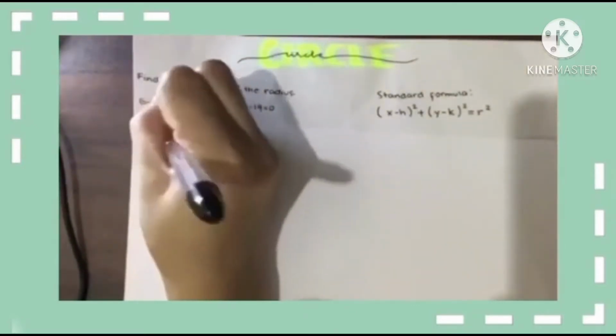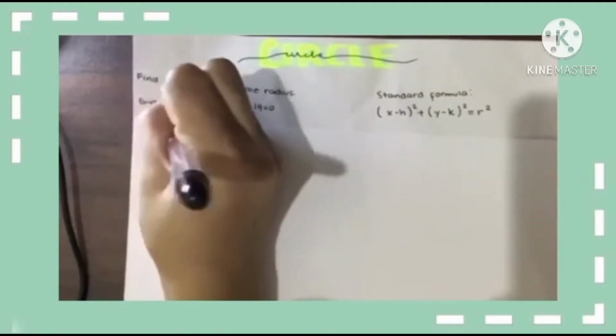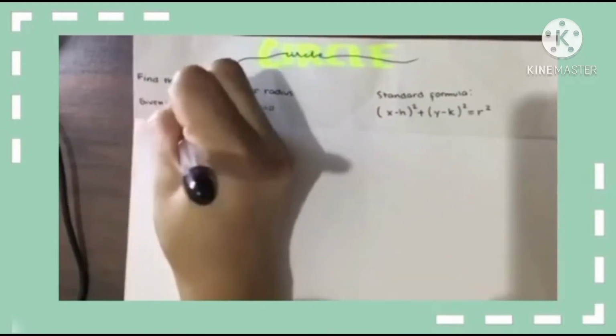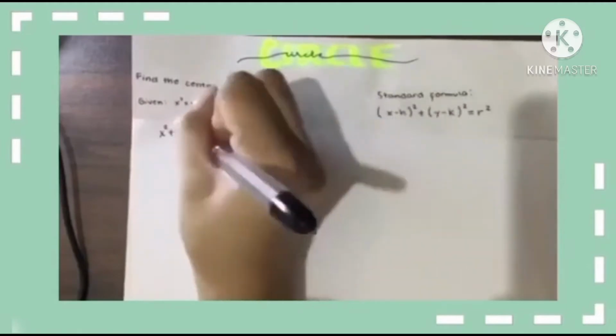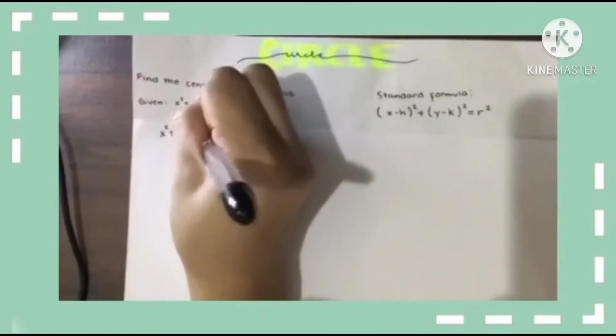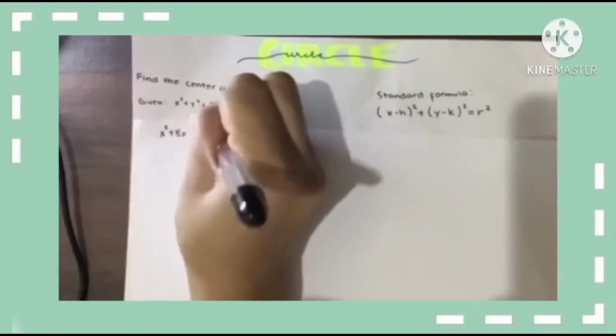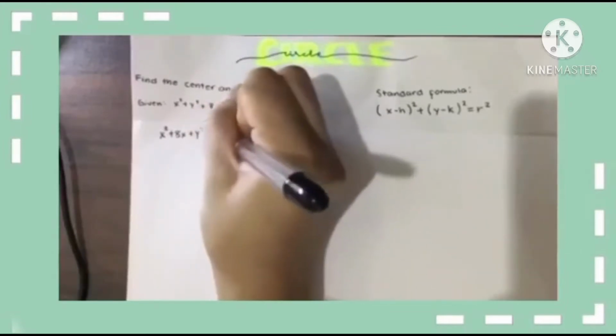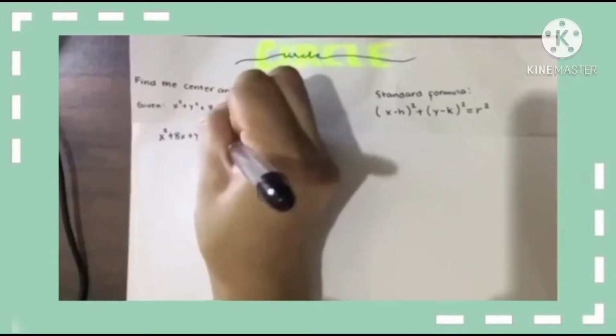In this given example, the first thing we're going to do is combine like terms. So we have x squared plus 8x plus y squared plus 2y equals 19.